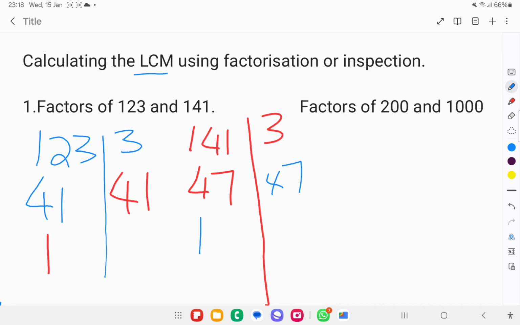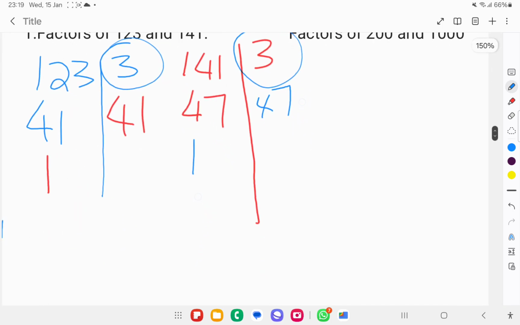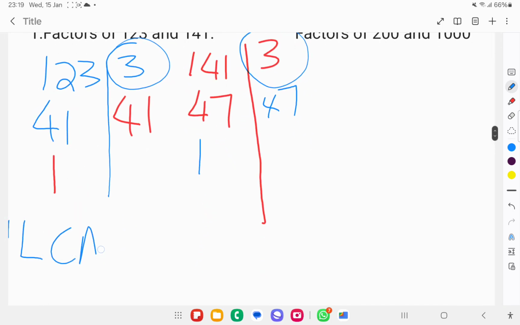So when they say find the lowest common multiple using factorization or inspection with the factors of 123 and 141, this is what we do. So we look at what appears in both of the scenarios. In both scenarios we have a 3. So our LCM, because we have 3 that appears on both sides, we're going to say 3 because it appears on both ends.